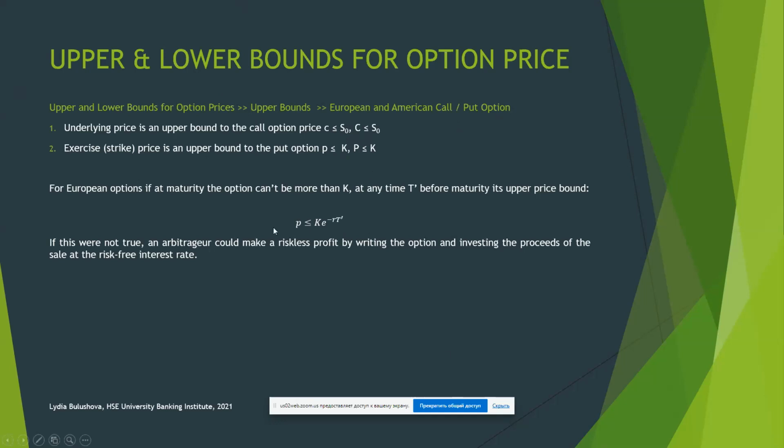And the put price band is specified with an inequality: P is less or equal to K multiplied by discount factor.